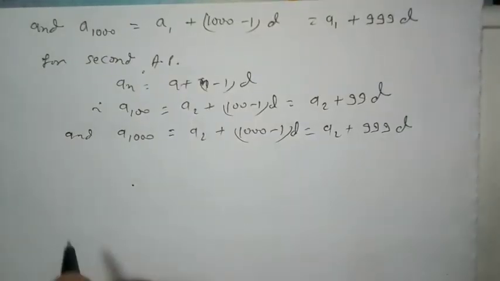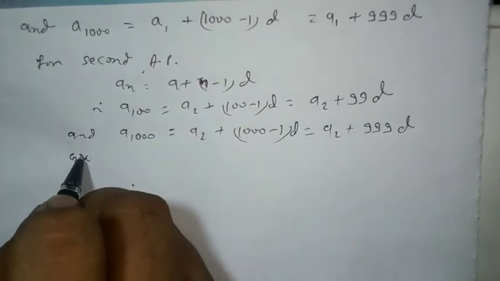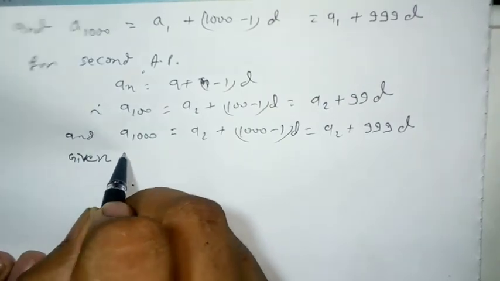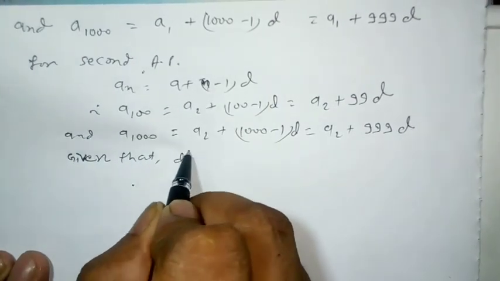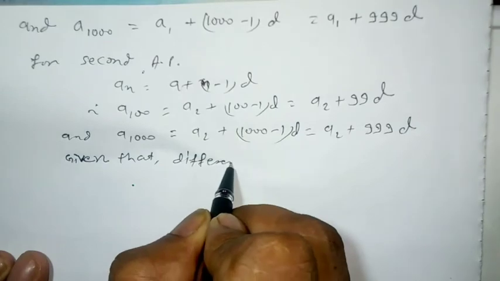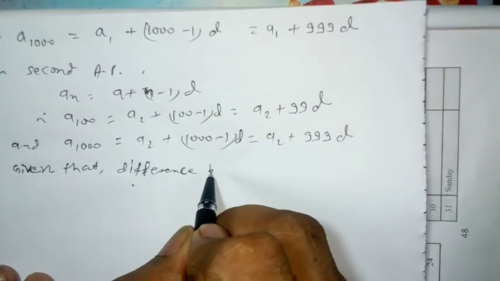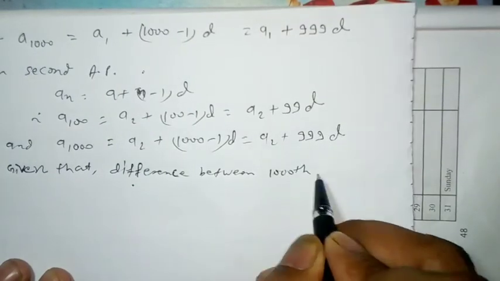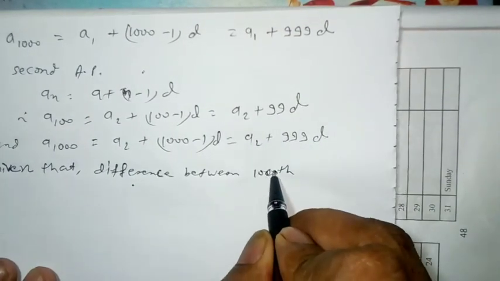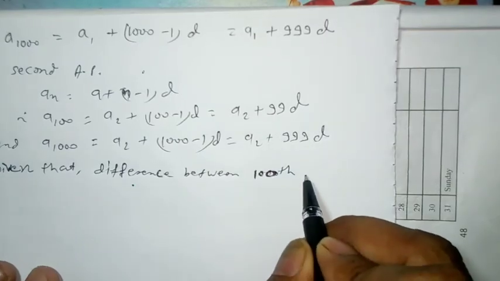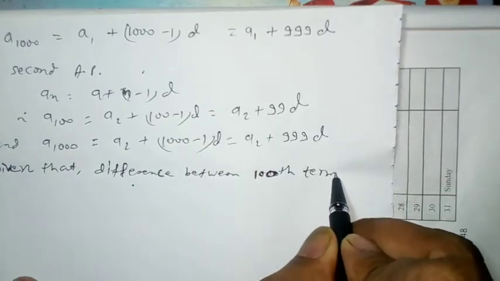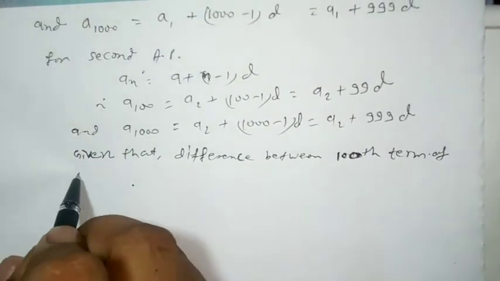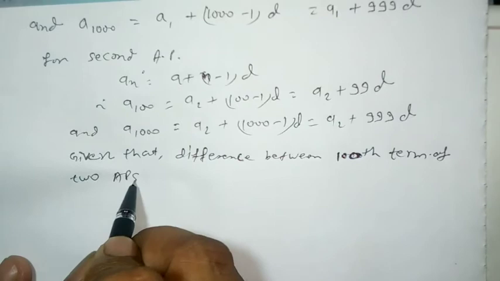Given that the difference between the 100th terms of the two APs is equal to 100.